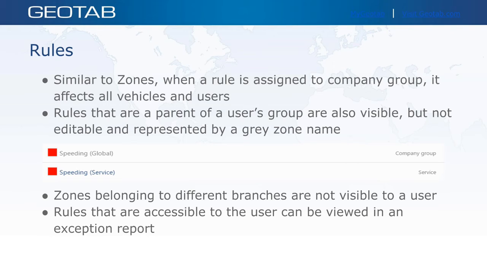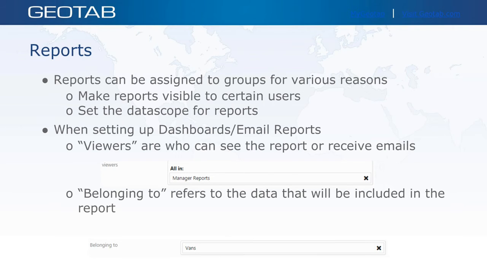Okay, so I touched on this a little bit with reports. Reports can be assigned to groups for various reasons: making the reports visible to certain users, or setting the data scope for the report itself. When we go into a report and set it up for a dashboard or an email, we have two options for setting up the groups.